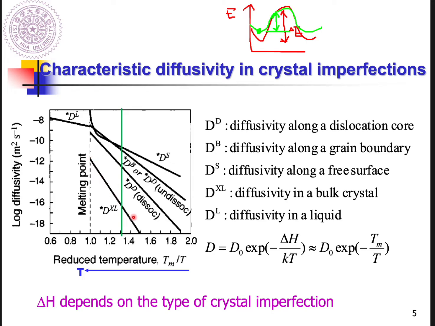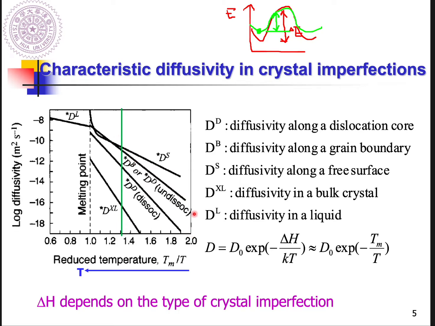So how do we get this figure? You measure the diffusivity at different temperatures. For example, I measure the diffusivity inside the crystal at different temperatures, or I measure the diffusivity along the grain boundary at different temperatures.